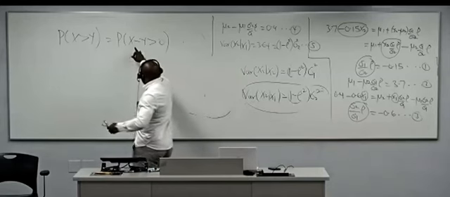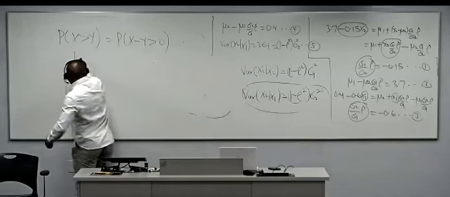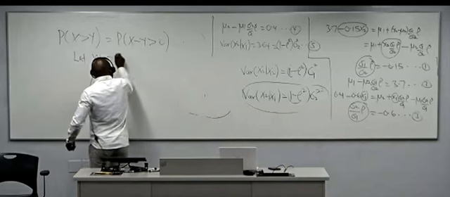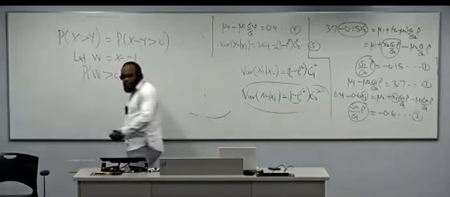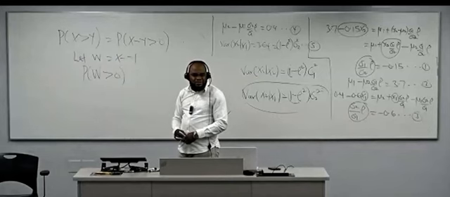So if this is what I want to find, I can let w be x minus y, and what I'm actually going to be finding is the probability of w greater than 0.